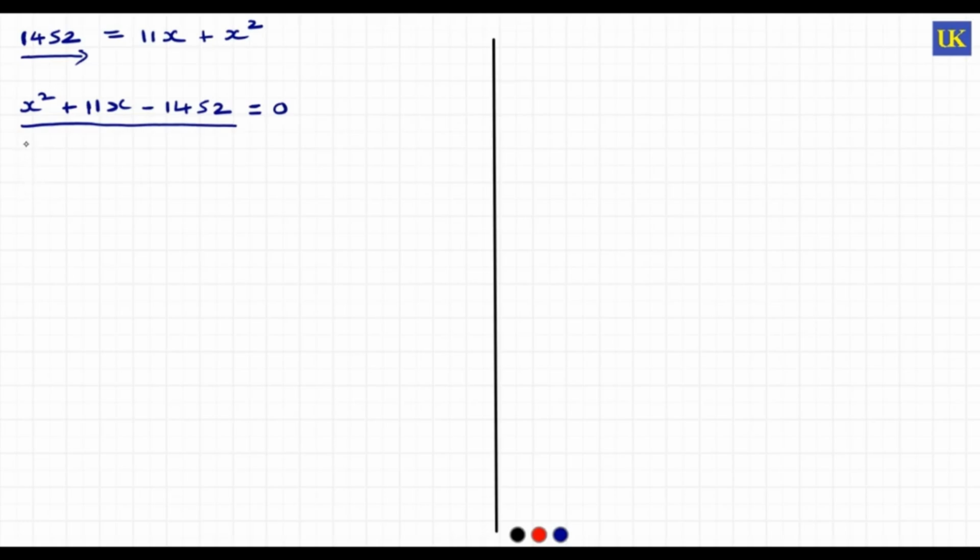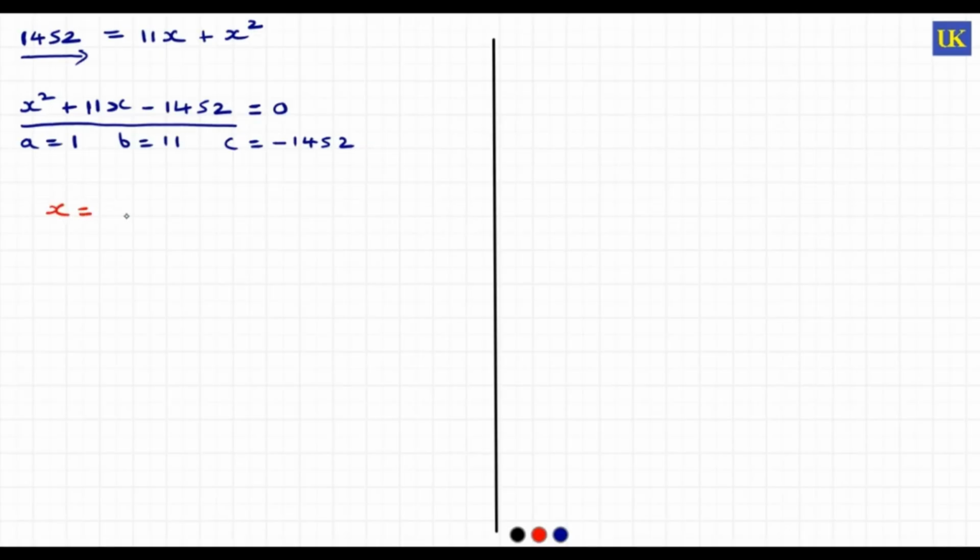So we'll write the values here. Okay, so the value of a is 1, the value of b is 11, and the value of c is minus 1452. Now we will put the formula. So I will write the formula now.